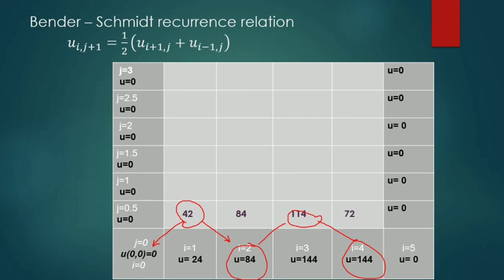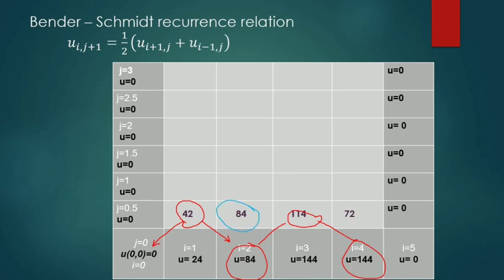So first you find all the values of u in these cells, that is when j is equal to 0.5, using the values of u at j equal to 0. Similarly, next you find the value of u when j is equal to 1, using the values from this row.